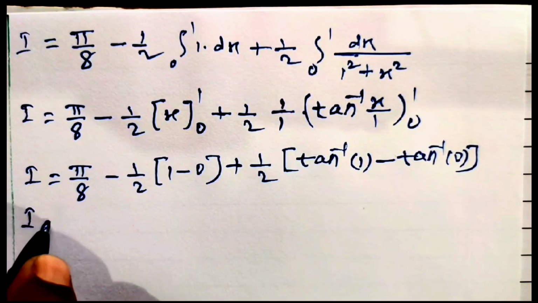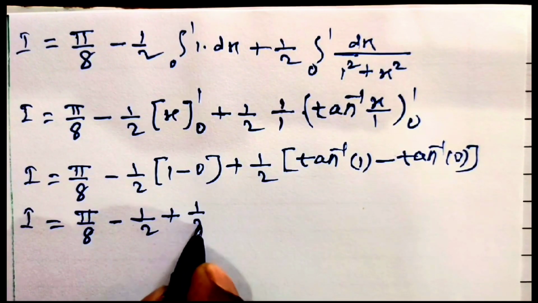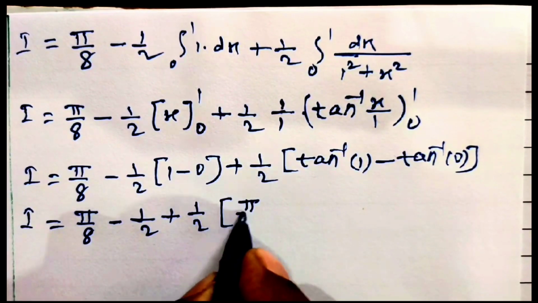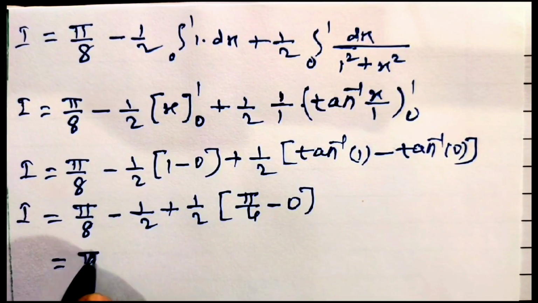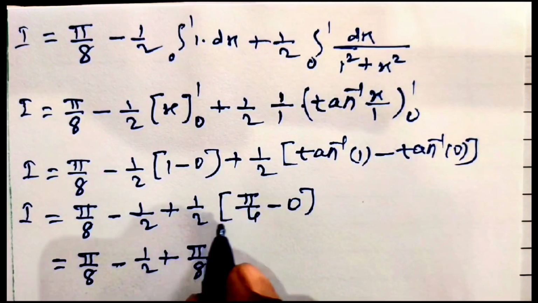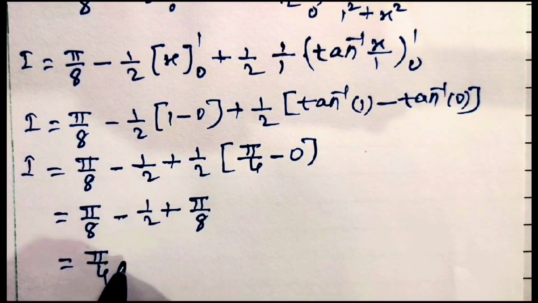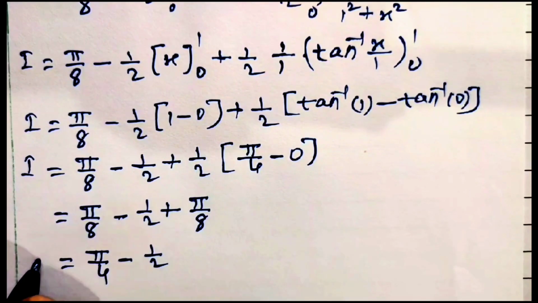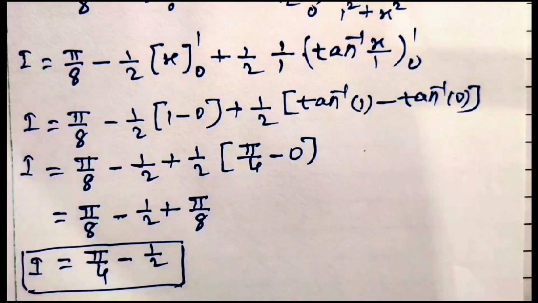So I is equal to pi upon 8 minus 1 upon 2 plus 1 upon 2, tan inverse 1 is pi upon 4, minus 0. Hence I is equal to pi upon 8 minus 1 upon 2 plus pi upon 8 minus 0. Pi upon 8 plus pi upon 8 is pi upon 4, minus 1 upon 2. The value of integral I is pi upon 4 minus 1 upon 2.